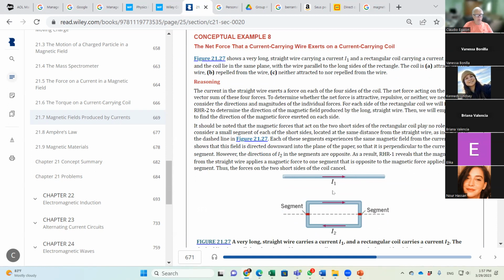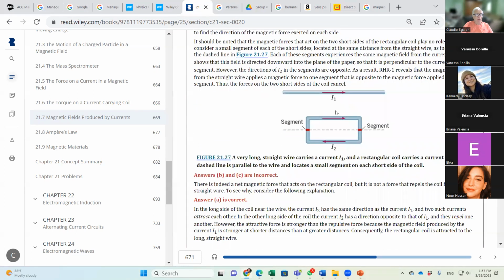You can calculate what would be the magnetic force between those two. What you have to remember is that when the current flows in the same direction, the force is going to be attractive. It's possible to prove that. When the current flows in opposite directions, the force is going to be repulsive.